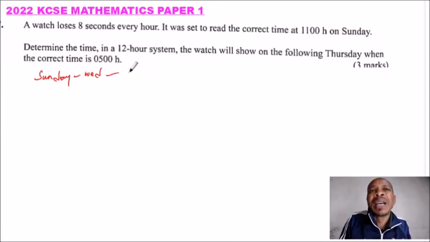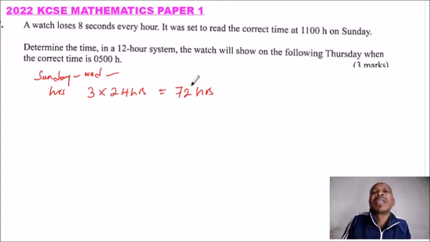So we say it is 3 days, and a day is 24 hours. So you multiply that, you get 72 hours.